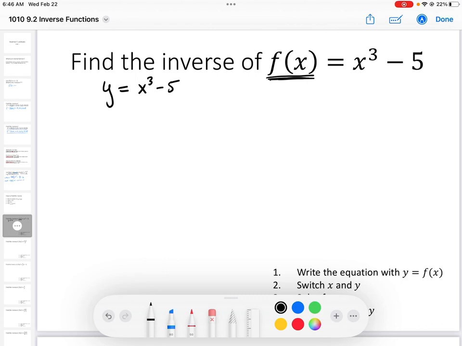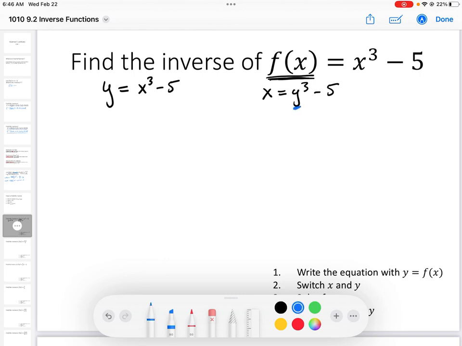So I'm going to write a new equation where x equals y cubed minus 5. The reason for this is because my inverse function needs to undo the original function, which means that whatever I input into the original function needs to be the output of my inverse function.